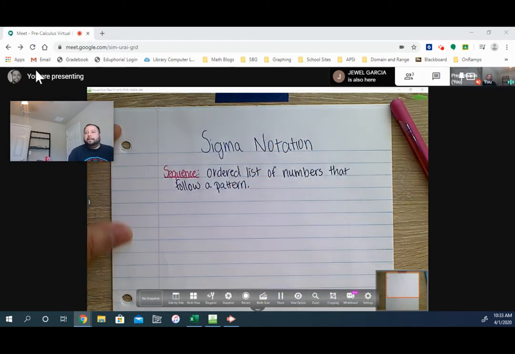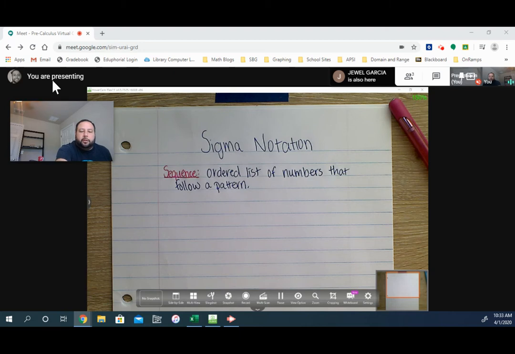So if it's an adding pattern, then it's going to be an arithmetic sequence. And if it's a multiplying pattern, then it's going to be a geometric sequence. So that's the difference between those two sequences, arithmetic and geometric.